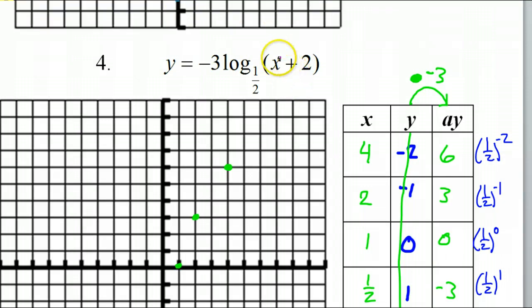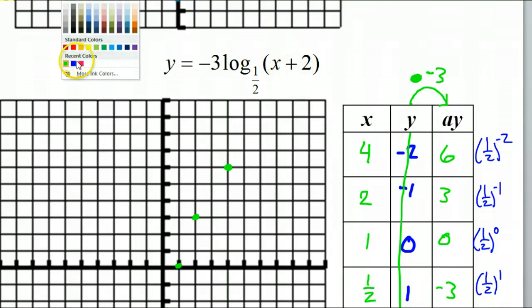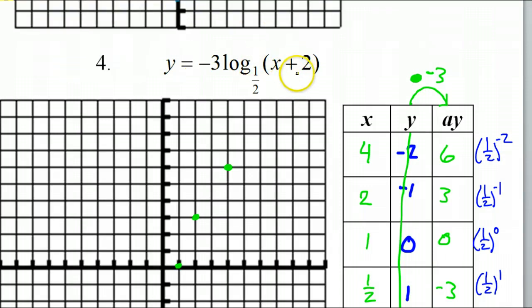Now, what sort of transformation is about to happen because of the +2? Is this going to be up 2 or right 2 or left 2? This is going to be a shift of left 2. Inside of the parentheses is your left-right motion, and it's the opposite of what you would normally think. So +2 is actually left 2.